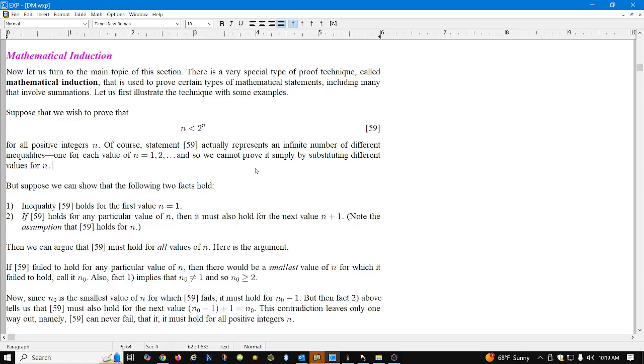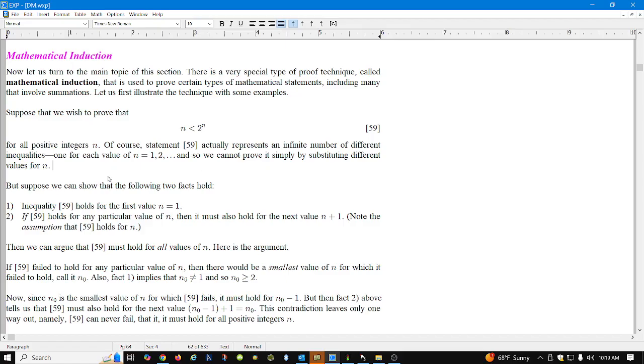So we are trying to come up with a single proof that works for infinitely many situations. We can't do it simply by substituting values for n. If we were only concerned with n ranging from 1 to 10, we could write out the 10 inequalities and say, yes, they all hold.